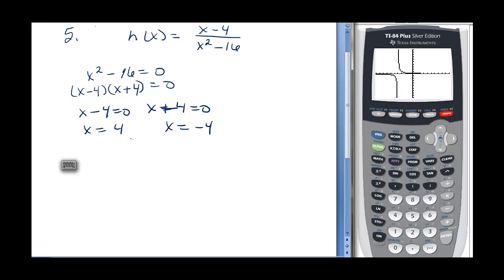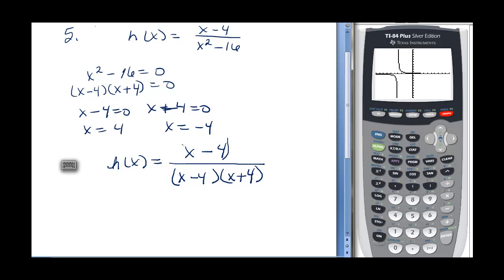This is kind of an interesting thing about rational functions. Let's take this rational function, we have x minus 4 in the numerator, and let's go ahead and factor the denominator. We have x minus 4 and x plus 4. And you can see that we have x minus 4 both in the numerator and the denominator.